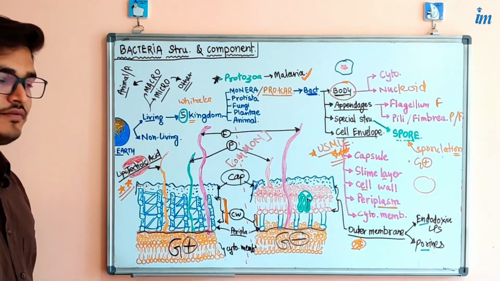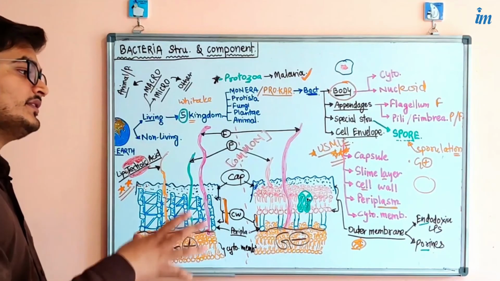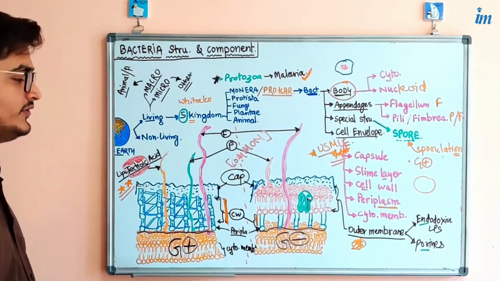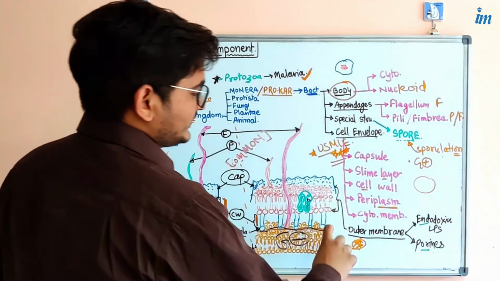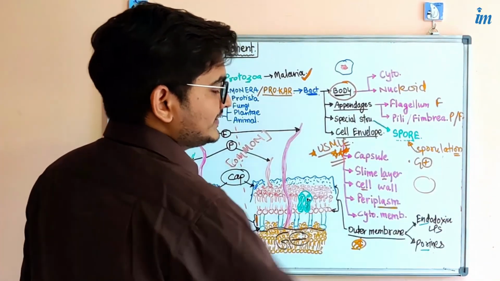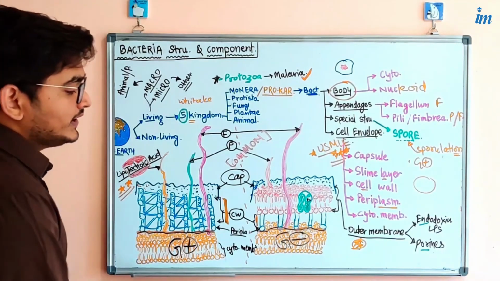But here, just remember that lipopolysaccharide, or endotoxin, means internally produced, while exotoxins are produced outside. The outer membrane of the cell envelope is able to produce endotoxin, which is the gold standard marker for gram negative bacteria.